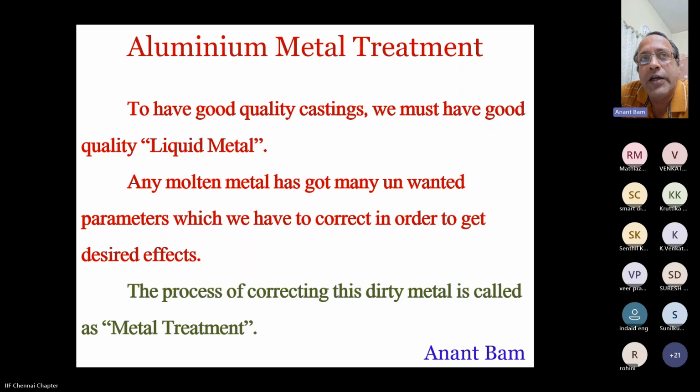I don't say that the ingots or the base metal is dirty, but during the process of melting, it attracts oxide and gas pickup, and that's why we need to make it good, make it correct in order to get desirable effects in the casting. The process of correcting this dirty metal is called metal treatment.